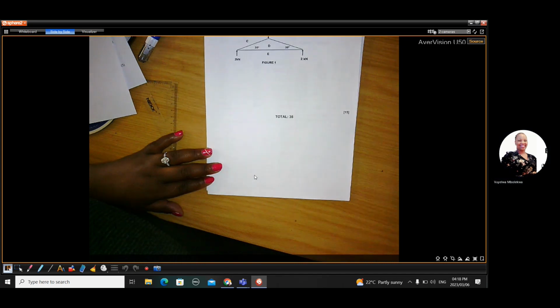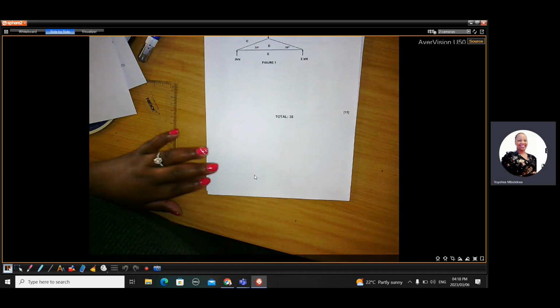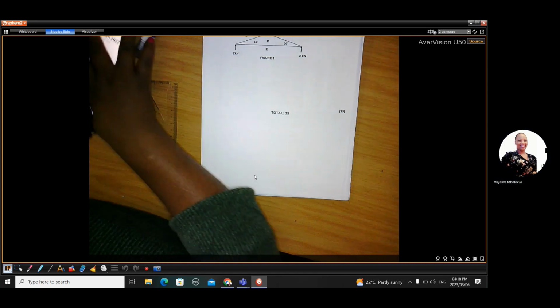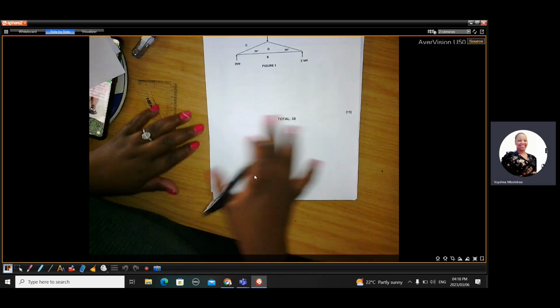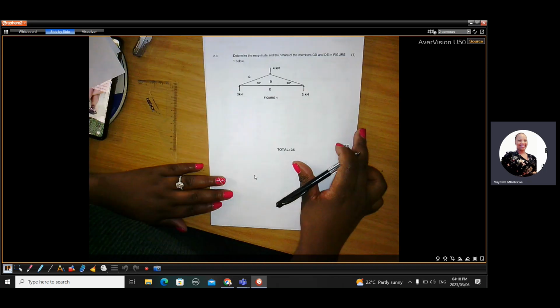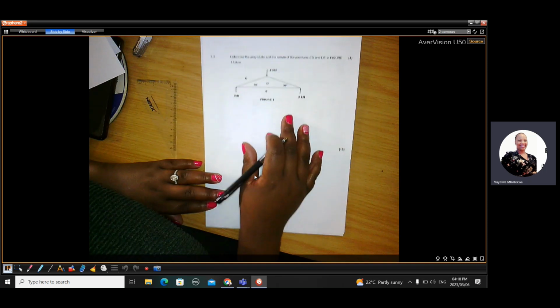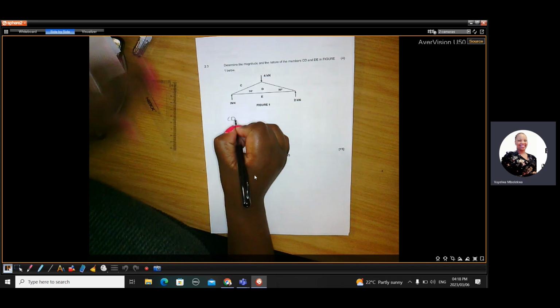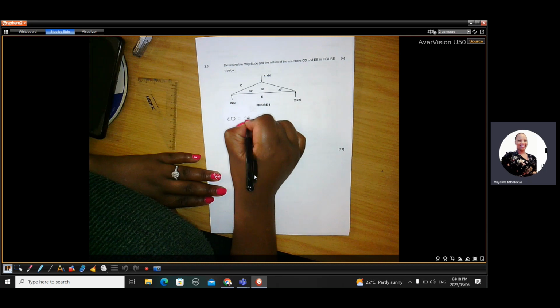Yeah. Then the next part is to determine the magnitude and nature of the members CD and DE. Here, follow my notes because I'm showing you a summary there. And the summary says CD, because CD is on a slope, is going to be a strut.